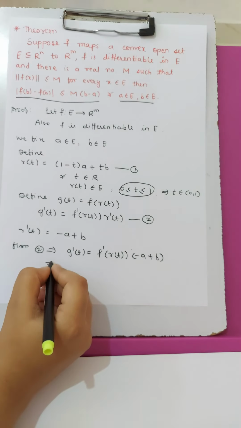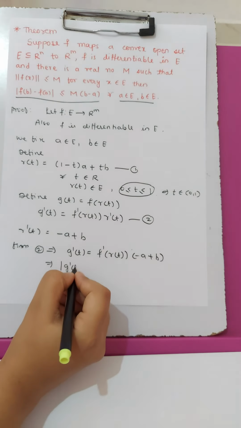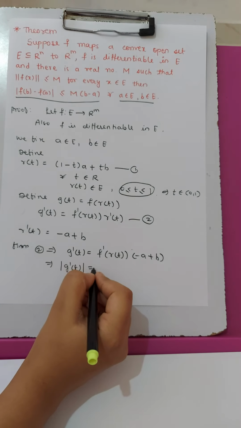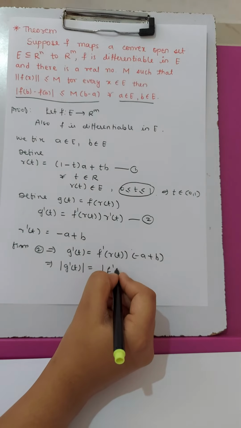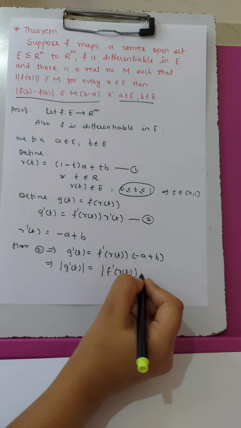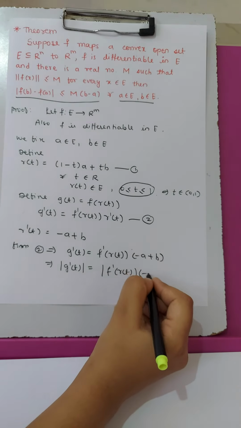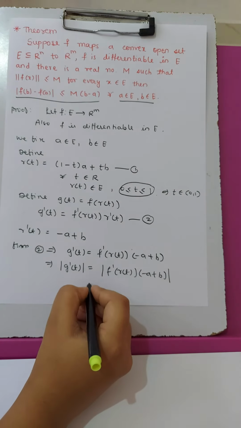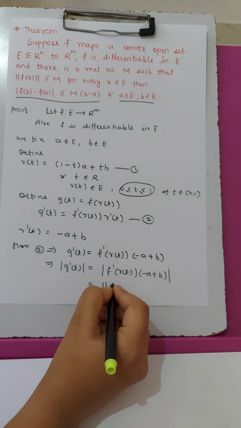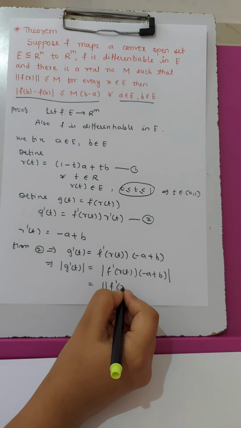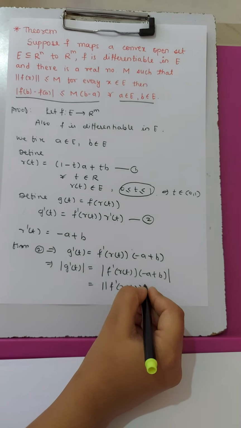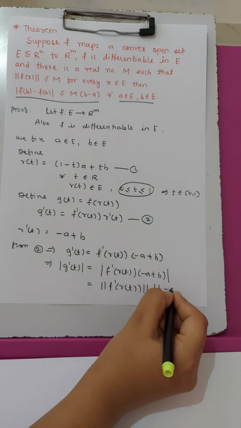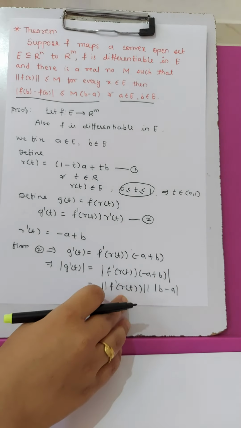Now taking mod on both sides we get mod of g'(t) which is equal to mod of f'(gamma(t)) in bracket minus a plus b, mod complete. So from the definition of norm we get norm of f'(gamma(t)) times mod of b minus a.